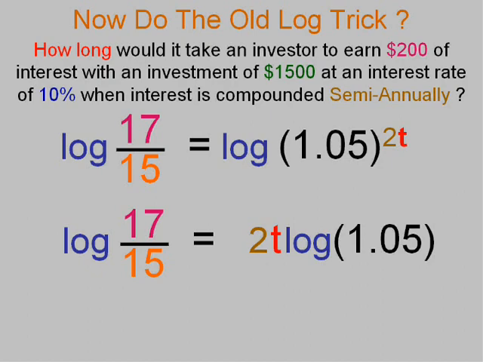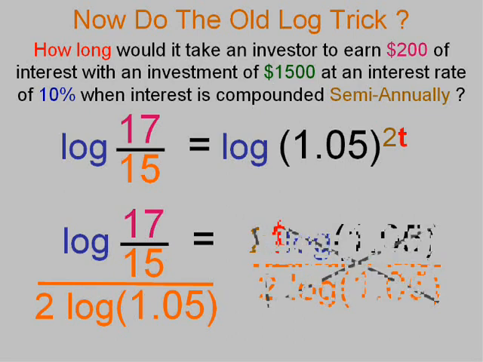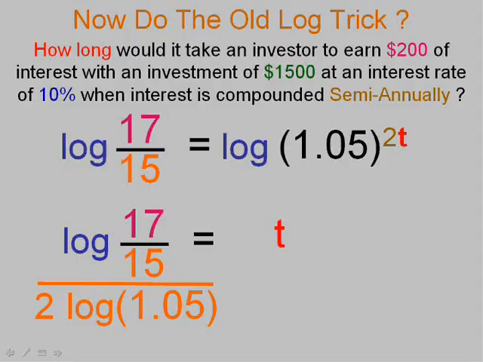Getting rid of, who's keeping it from being alone, is the 2, the brown 2, and the log of 1.05. And both of them are multiplying. So I'm going to divide both sides by, I'll do it in one step. That'll get rid of the 2, and it'll get rid of the log of 1.05 and leave me with t. Won't it?